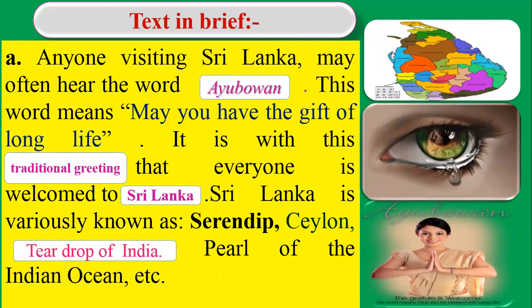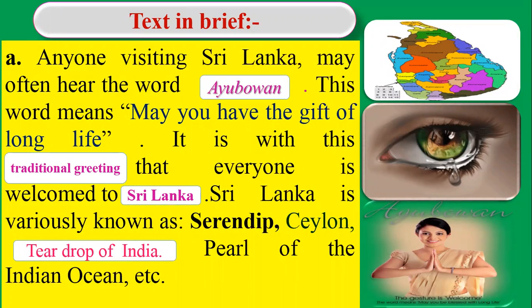Anyone visiting Sri Lanka may often hear the word Ayubowan. This word means you have the gift of long life. It is with this traditional greeting that everyone is welcomed to Sri Lanka.